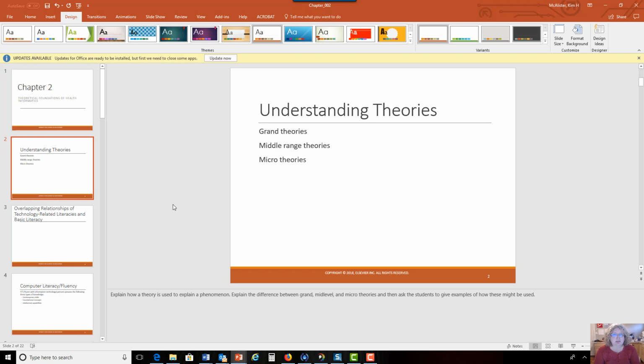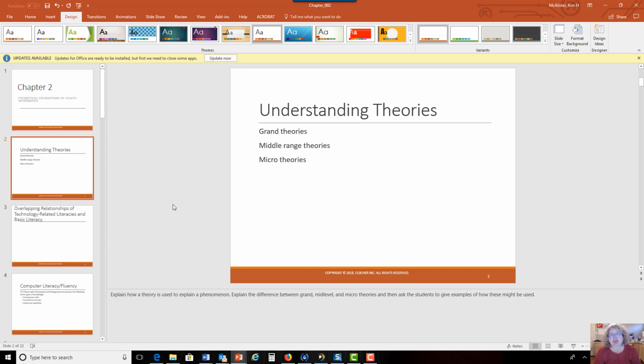First of all, when we talk about the theoretical foundation or framework, we have to understand what theories are. And we have three main categories of theories: grand theories, middle range theories, and micro theories. Grand theories are very wide in scope, and they're an attempt to explain a complex phenomenon within a human experience.